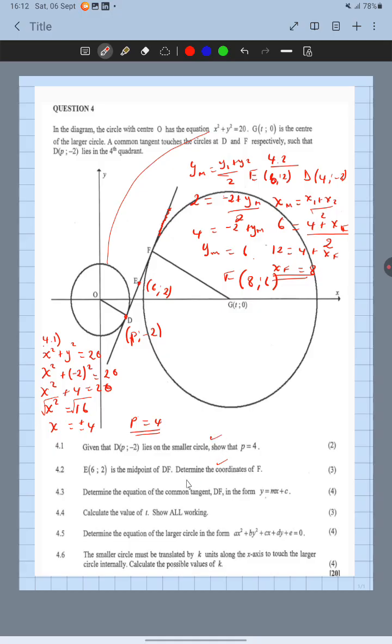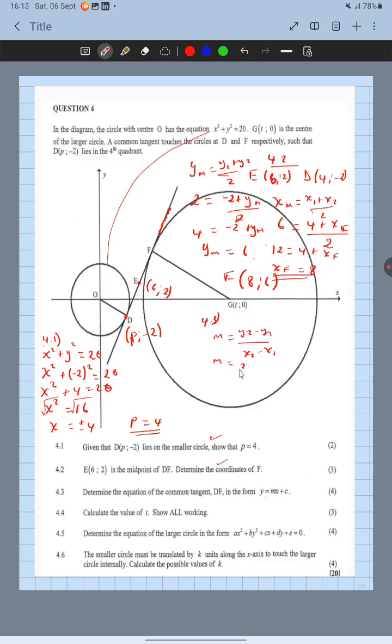Determine the equation of the common tangent DF in the form of that. So obviously we have to find the gradient, right? So this is 4.3. The gradient is y2 minus y1 over x2 minus x1, right? So we start with negative 2, or you want us to start with the other one?